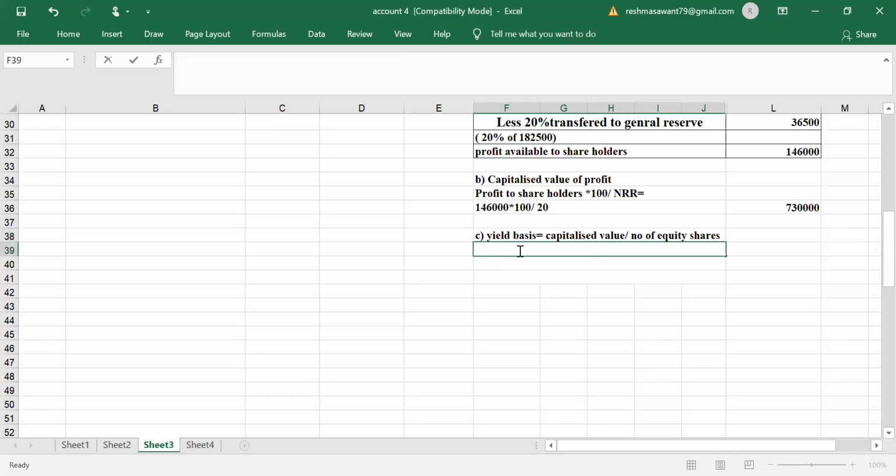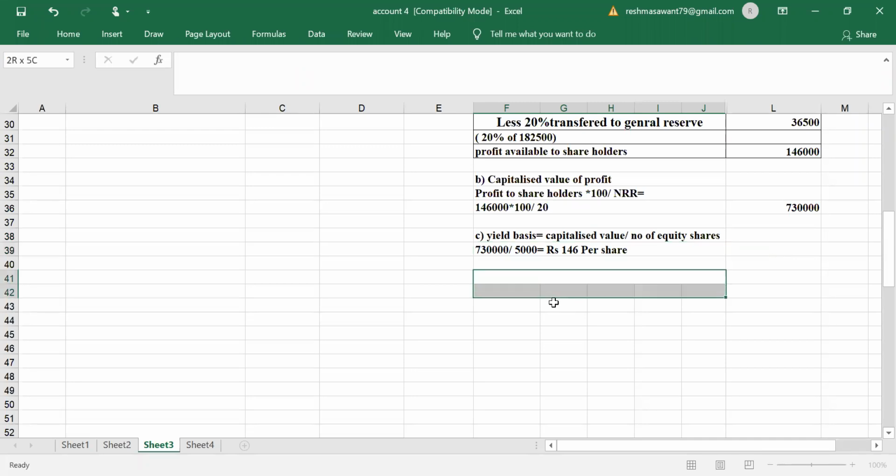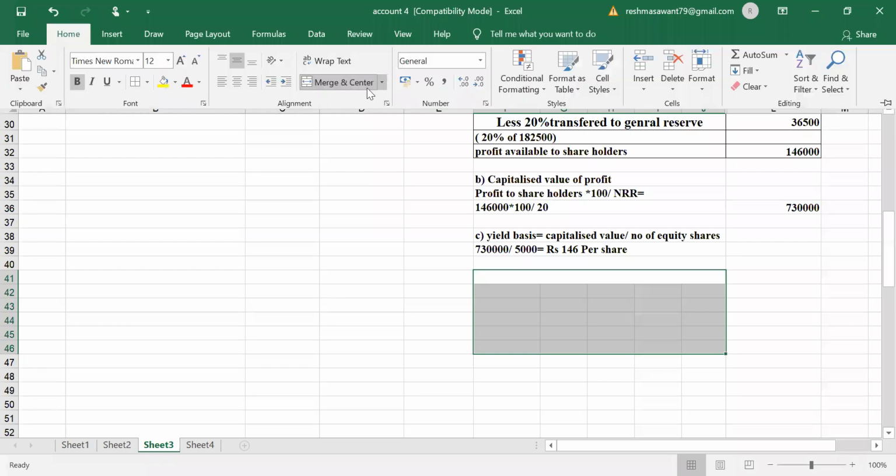Capitalized value 7,30,000 divided by 5,000 equity shares. So your answer per share equals 146 rupees. This is the calculation of the second point. Now we calculate the third point.